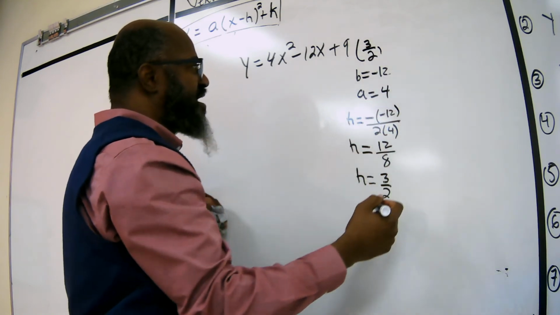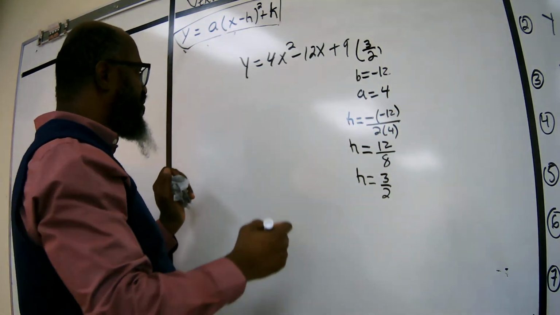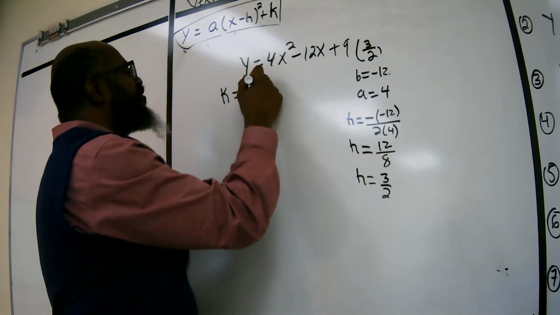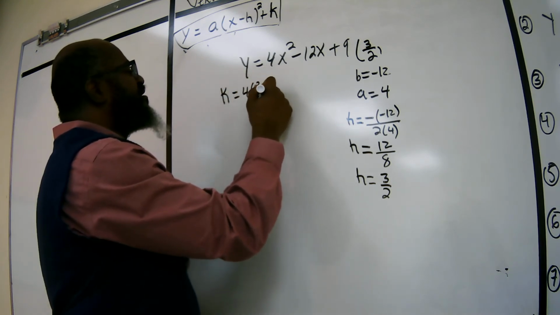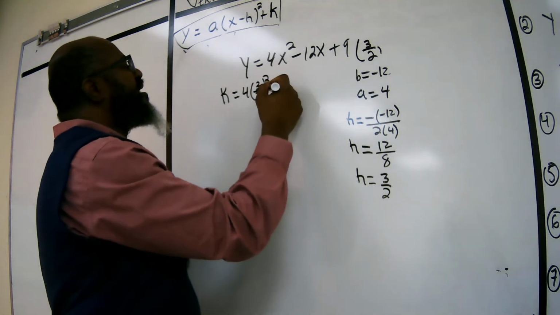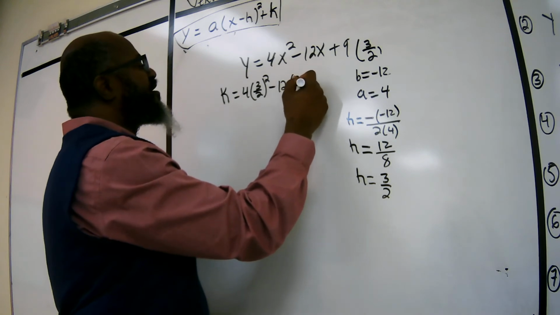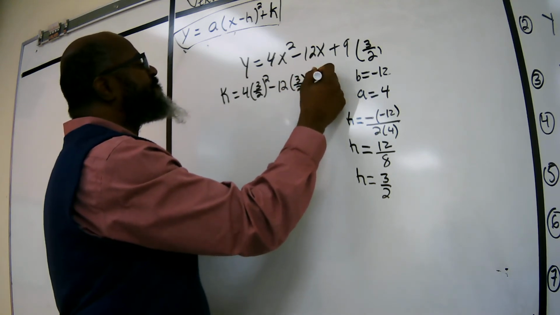Now I need to find my k, so I'm going to replace this in the original equation. Welcome to fractions, that will be 4 times 3 half squared. You will see how nice it is when you know how to work with fractions.